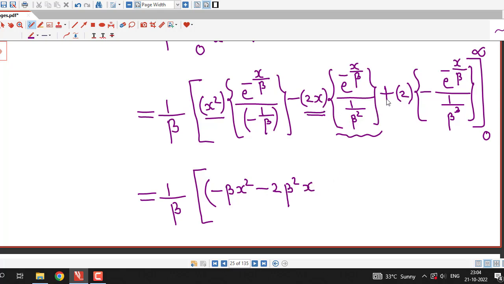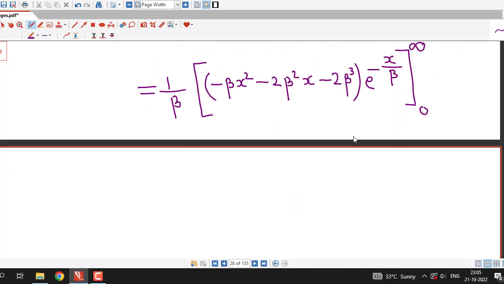Here also we have negative sign, minus 2 times beta to the power 3 into 1, and e raised to minus x over beta common. X is from 0 to infinity. Let me verify again. Minus beta x square minus 2 beta square x minus 2 beta raised to 3, e raised to minus x over beta common.